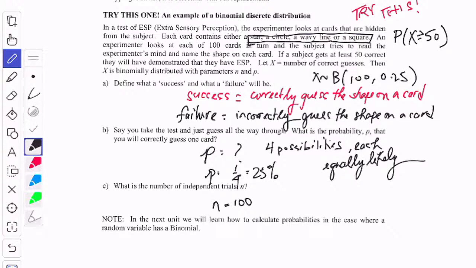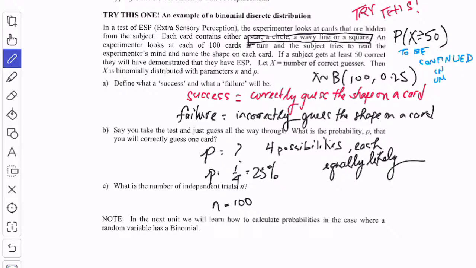So that's to be continued in Unit 5. But for now, I just wanted to introduce the concept of the binomial distribution.